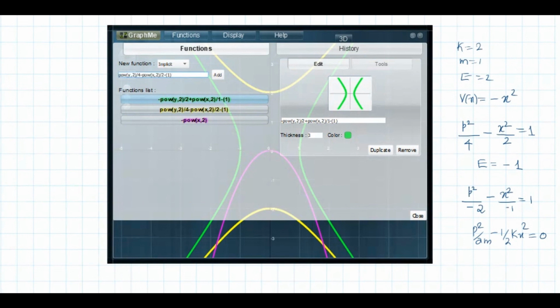So p square by 2m, m is 1, p square by 2 minus half kx square, minus x square equal to 0.